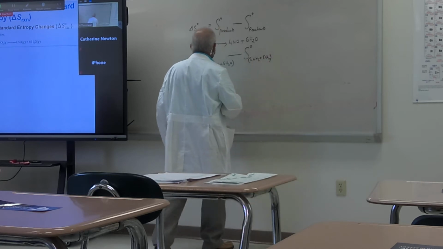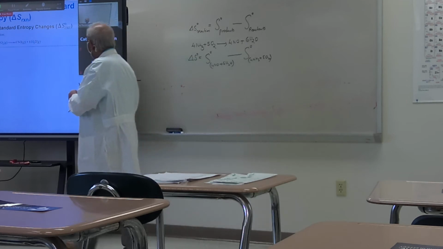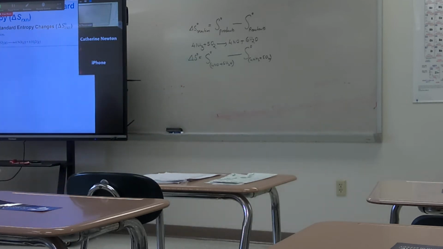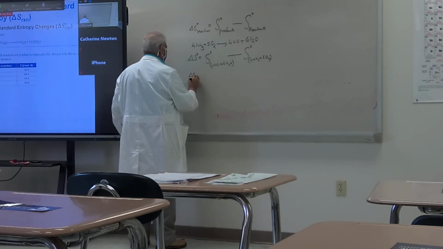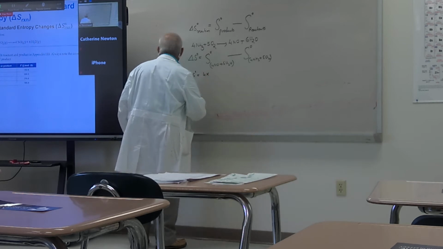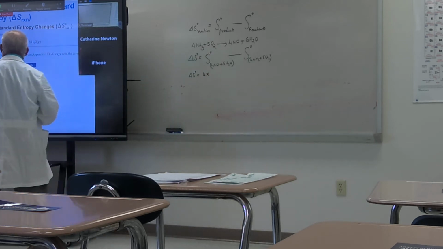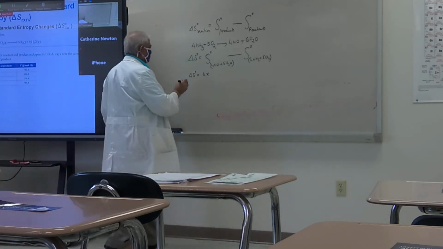You got it? So now you are supposed to know this. I'm sure they have given that. Yeah, here they have given. First let us write the products. S0 equals, how many nitric oxides we have? 4 times, what is the S0 of 210.8, correct?